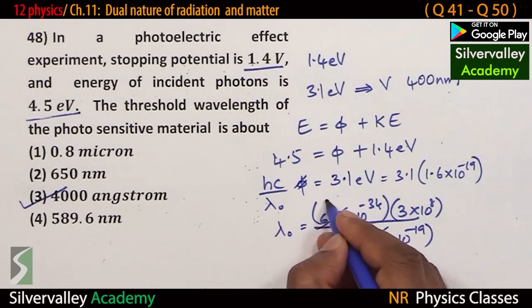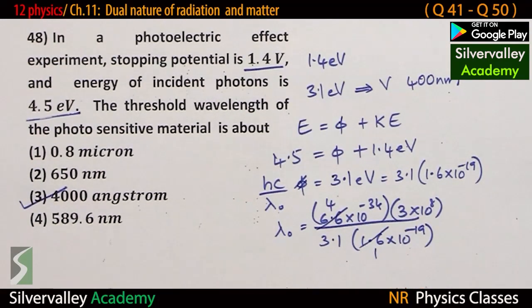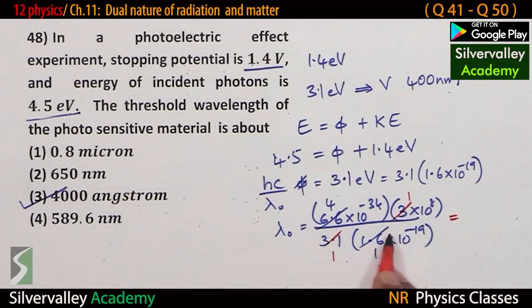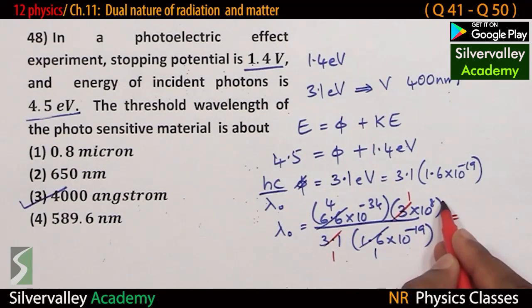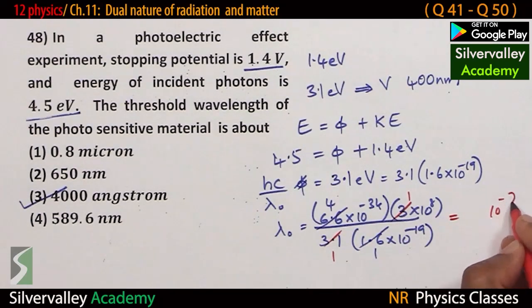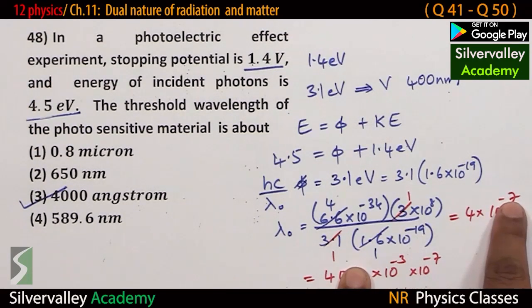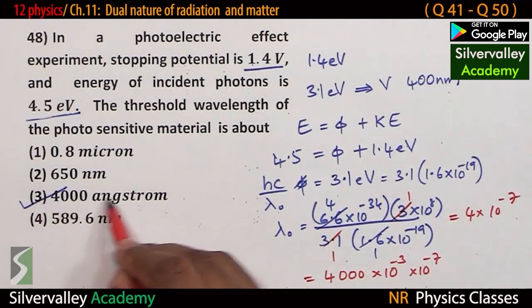This is approximately 4 times 10 power minus 7, since minus 19 goes to the numerator, giving minus 27 and then 10 power minus 7. So 4 times 10 power minus 7 is 4000 times 10 power minus 3 times 10 power minus 7. I included 3 zeros to compensate for that 10 power minus 3. 10 power minus 7 is already here. Therefore, 4000 angstrom.